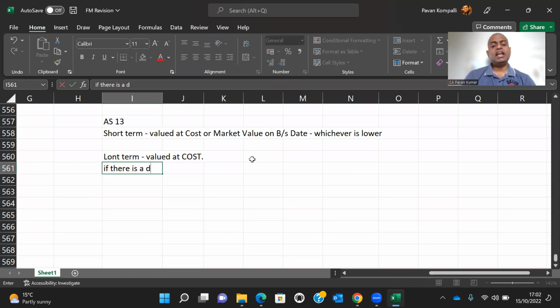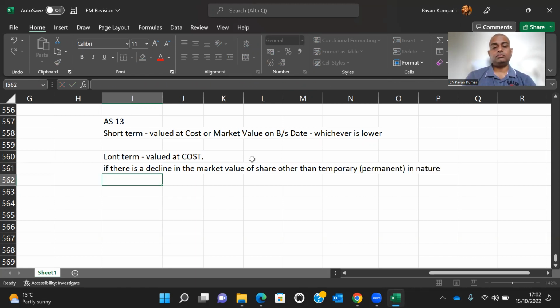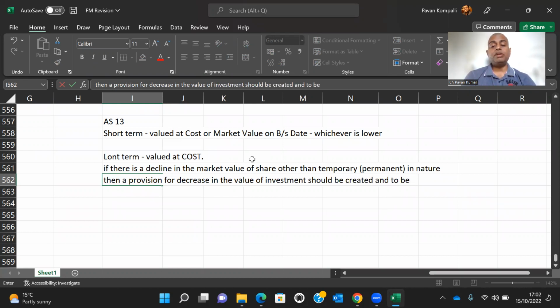However, if there is a decline in the market value of a share other than temporary, that means it can be interpreted as a permanent fall, then a provision for decrease in the value of investment should be created and charged to P&L.